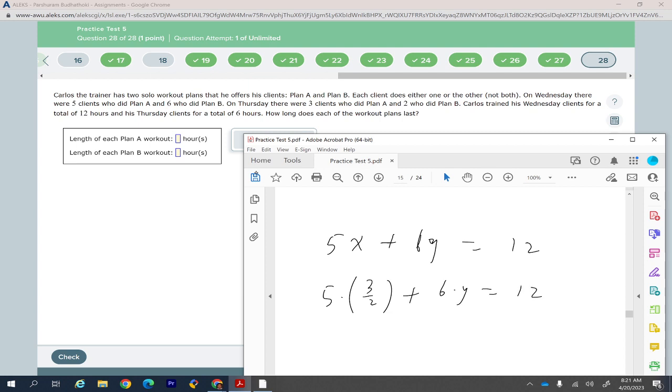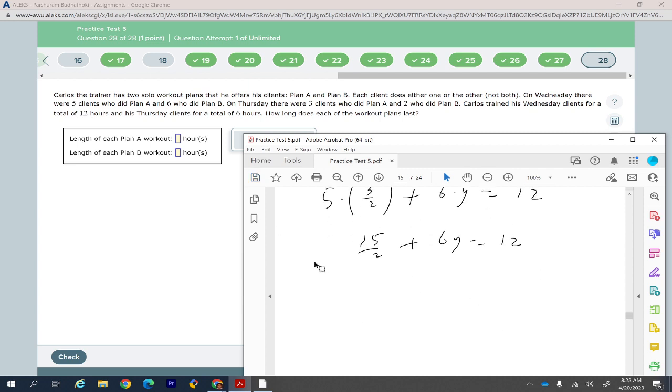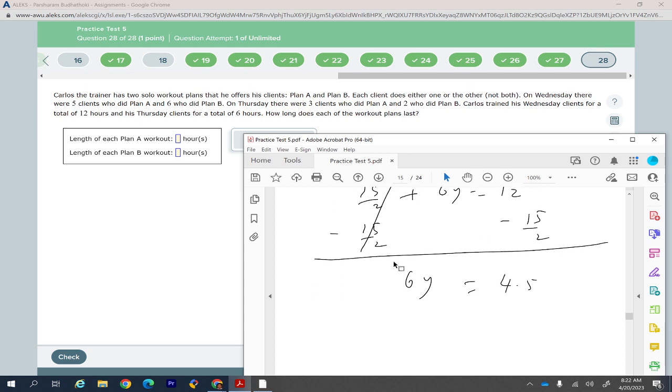We're just plugging in the value of x, 15/2, plus 6y equal 12. 15/2 means it's 7.5. So subtract 7.5 from both sides. That gives us 6y equal 12 minus 7.5, which is 4.5. So divide both sides by 6.